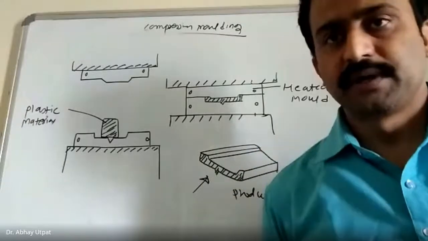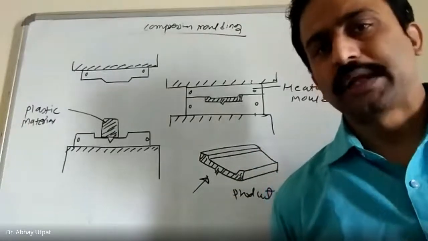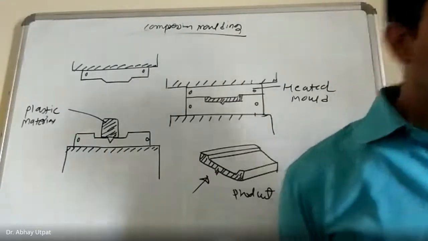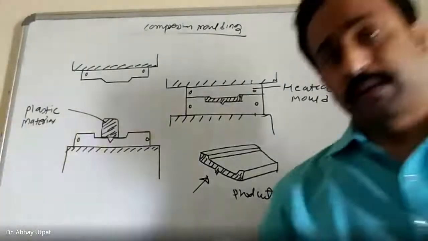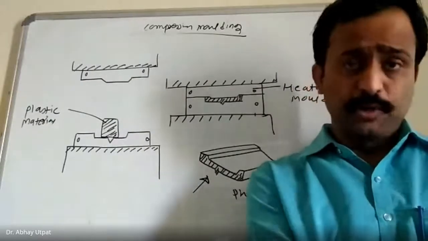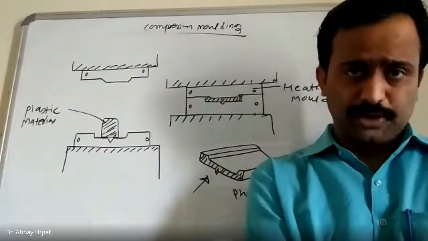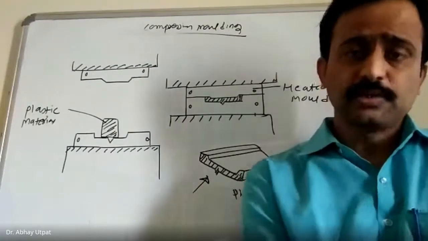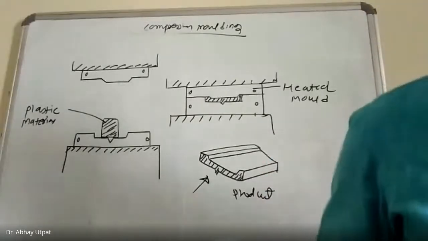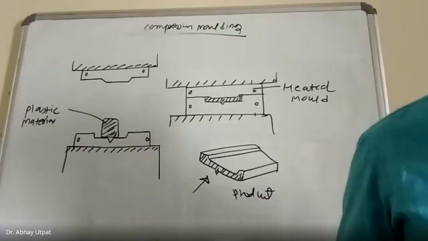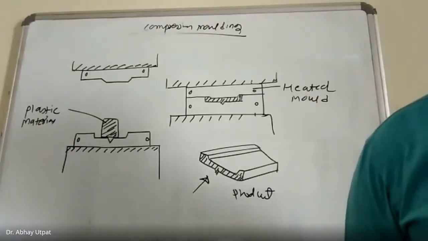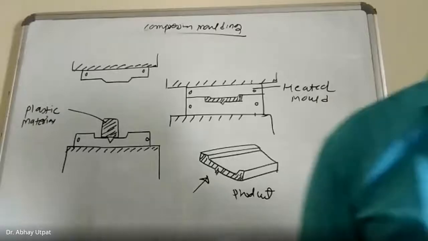Write one statement. This process is not economical due to long cycle time. Whatever I am dictating, I am already providing notes, no issues, but such important statements which can be part of an MCQ, that's why you make a star. This is uneconomical. It is uneconomical due to long cycle time.